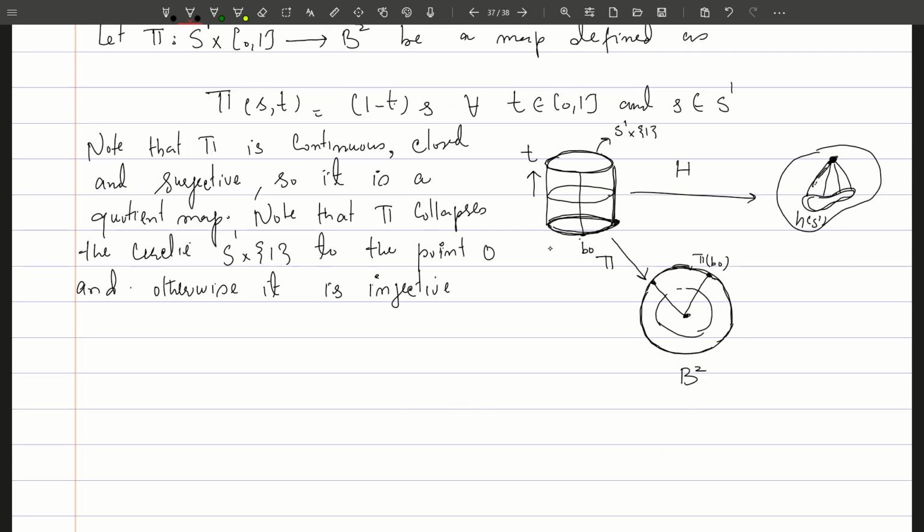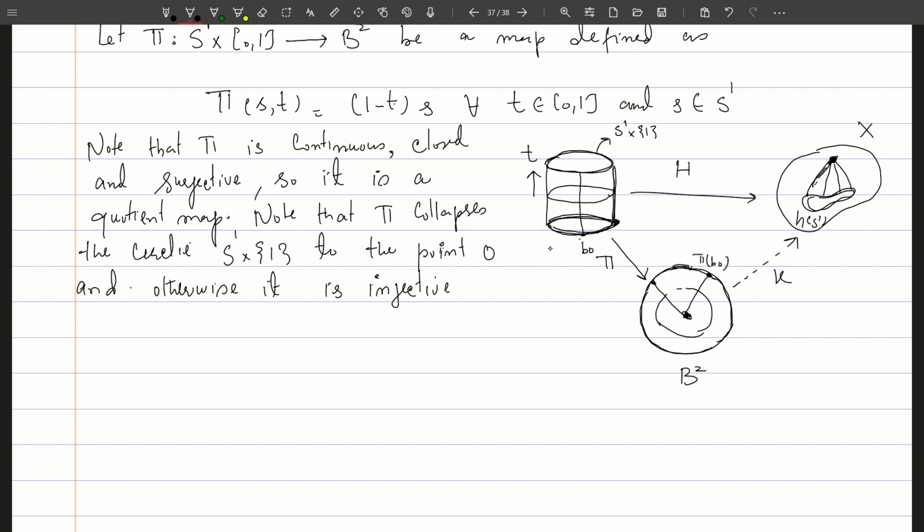Now since this H is constant on the inverse image of this point, and since this pi is injective otherwise, this H will induce a map. Let us call this map k from B2 to X such that this diagram commutes.